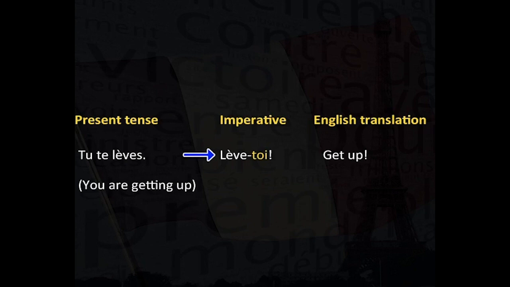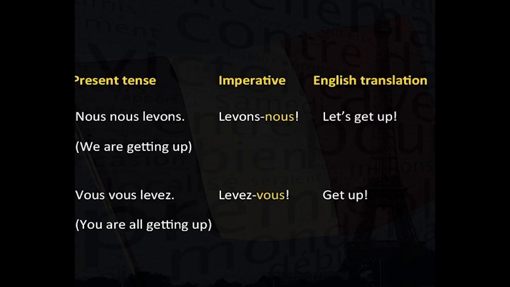The hyphen is an important addition which needs to be inserted without fail. Here are the other two forms. Nous nous levons, we are getting up, becomes levons-nous, let's get up. Vous vous levez, you are all getting up, becomes levez-vous, get up.